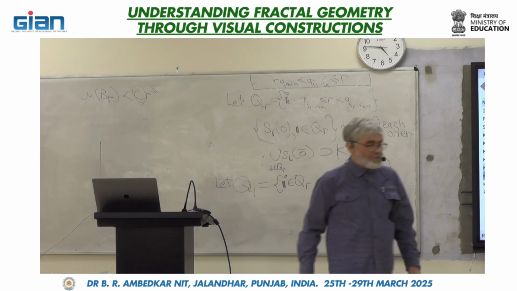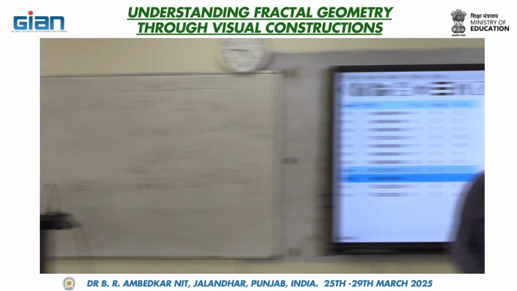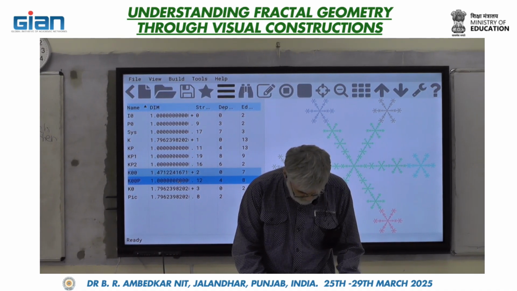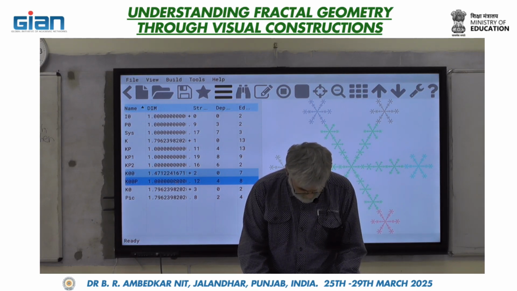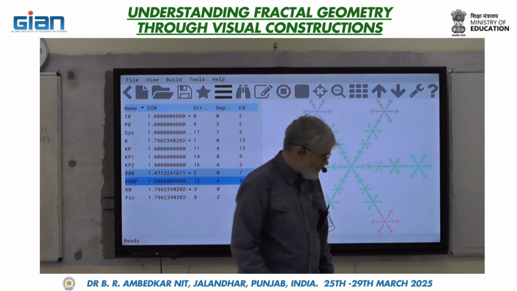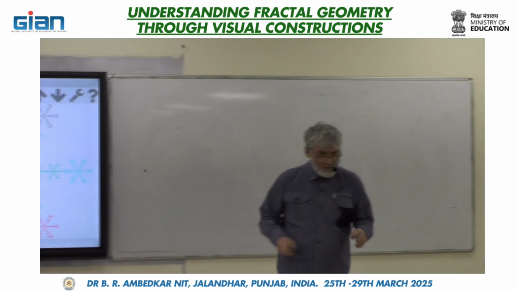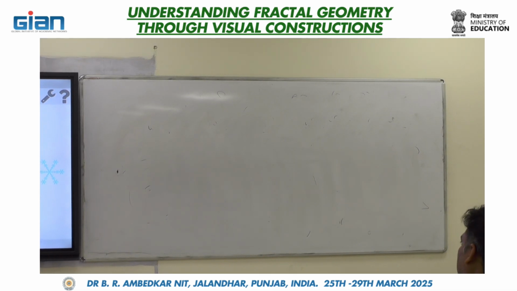Okay, so we proved the open set condition, and now we can proceed further to some other things. In case when the open set condition is satisfied, the Hausdorff dimension can be found easily.